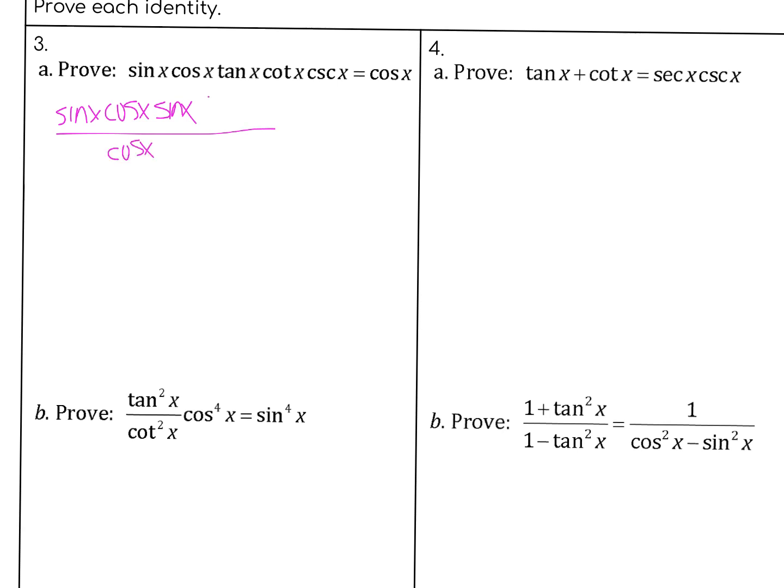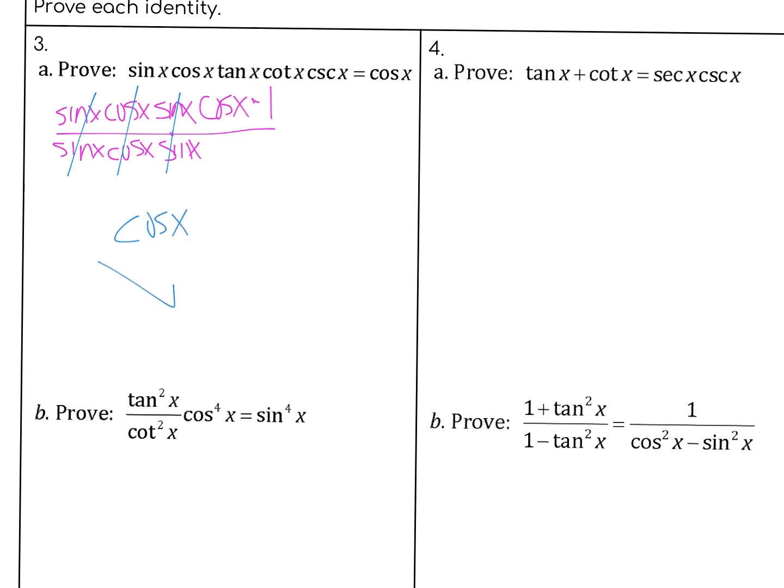Cotangent is cosine over sine. And cosecant is 1 over sine. Well, that worked out nicely. So I rewrote things. Now I can cross that out, reduce that to 1, reduce that to 1, reduce that to 1. And cosine times 1 is just cosine. So I did that one.